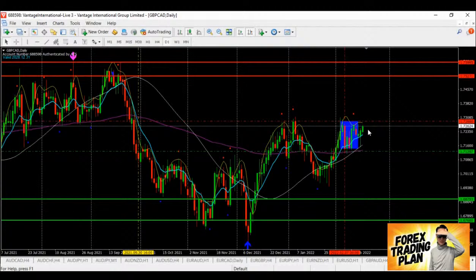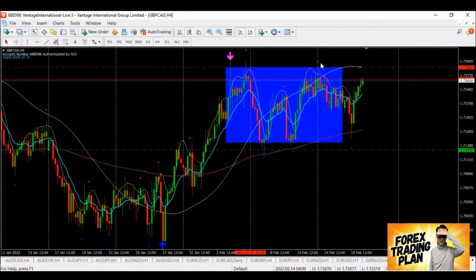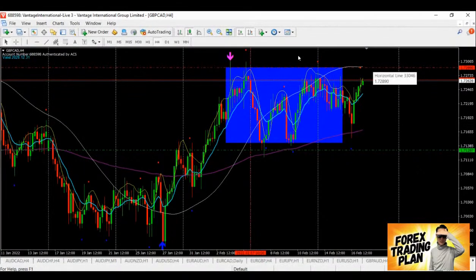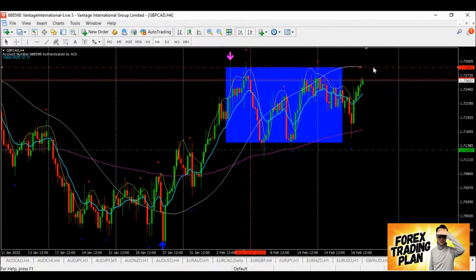You can buy. But then again, when you buy, your resistance is very near. Your resistance is so near. So when the resistance is so near, I will advise that it will be good for you to wait. Let's see the number of pips. We have 20 pips to go. So either way, I would say it's very near already.